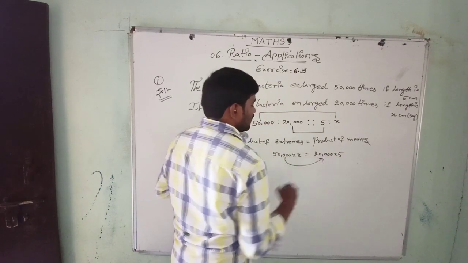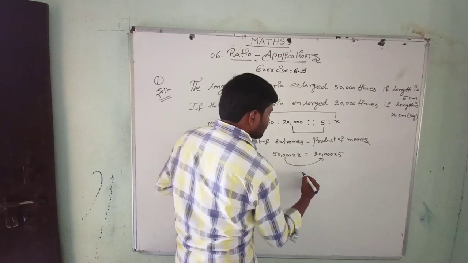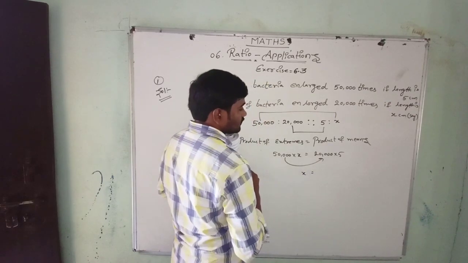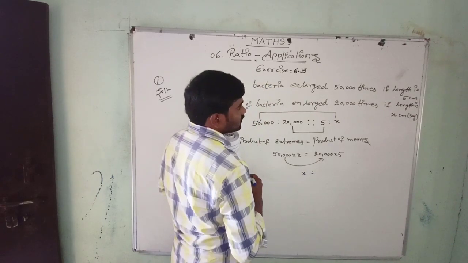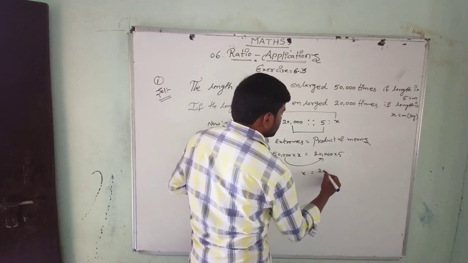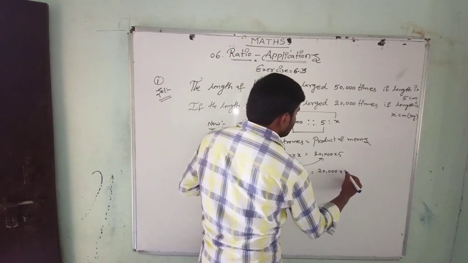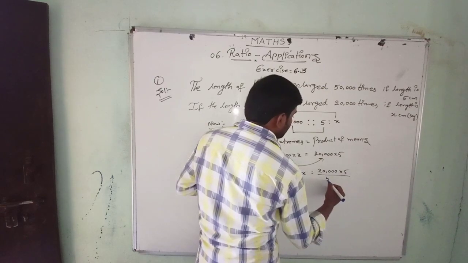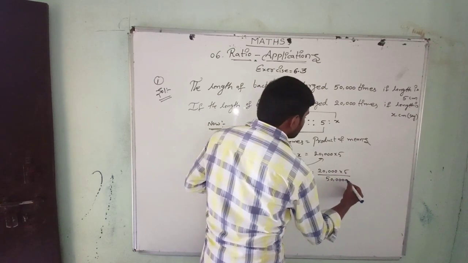Transfer this 50,000 to the other side. Then x equals 20,000 into 5 by 50,000.